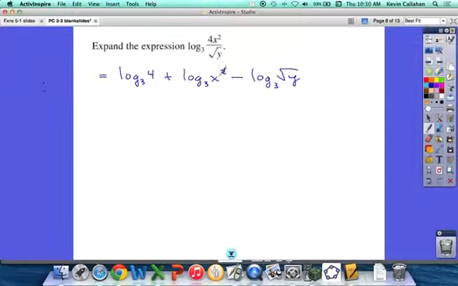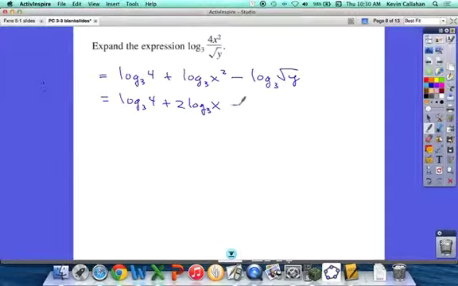But this log base 3 of x squared, which property could I use to simplify that? The power property. That x is being raised to a power, the entire argument of the logarithm being raised to the second power, so I can write log base 3 of 4 plus 2 times the logarithm of x. Bring down the 2 in front as a coefficient of the logarithm. Now, even the last one can be simplified because you can represent a square root as being raised to a power, the 1/2 power.